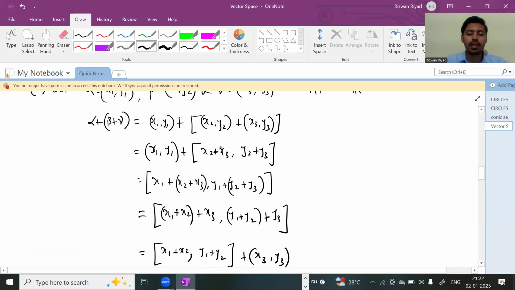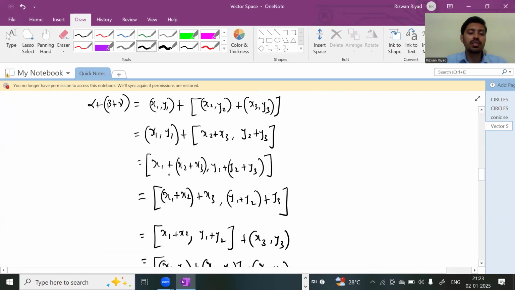In the next step you can add them. This bracket you can directly add like this. So x1 plus (x2 plus x3), comma, similarly y1 plus (y2 plus y3).